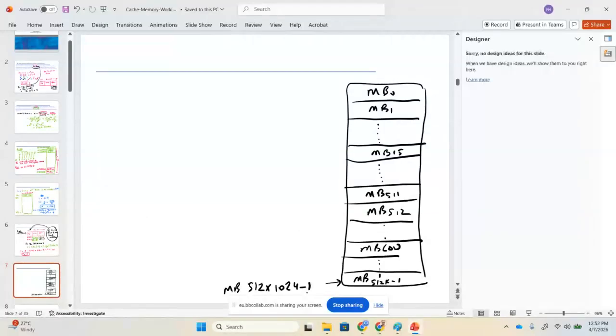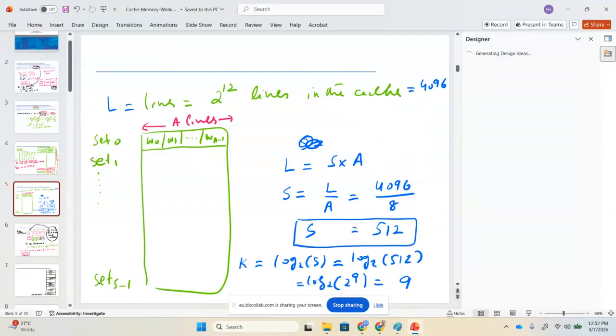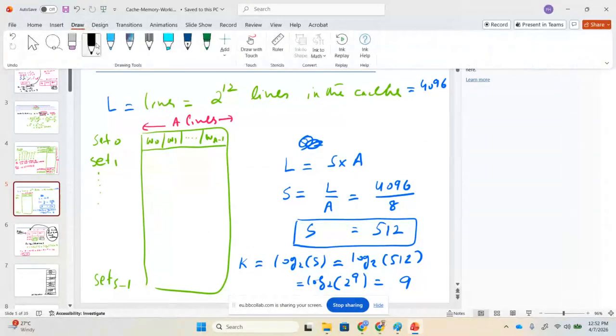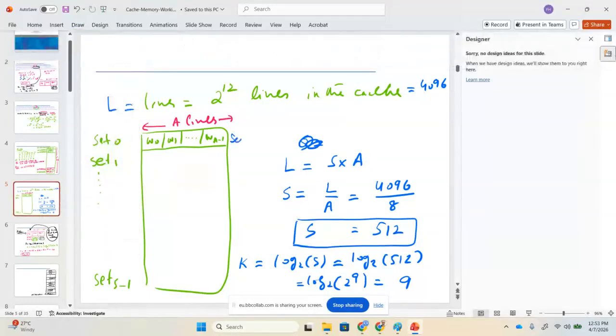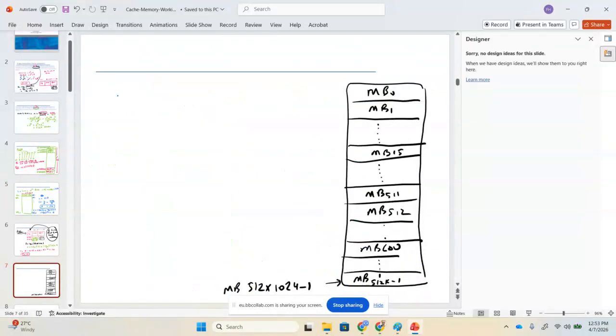Okay, now in this example, how many sets do we have here? What is S now? 512. So it starts from which set? It starts from set 0, then we have set 1, and so on until set 511. So can you see here we have the mapping of this.